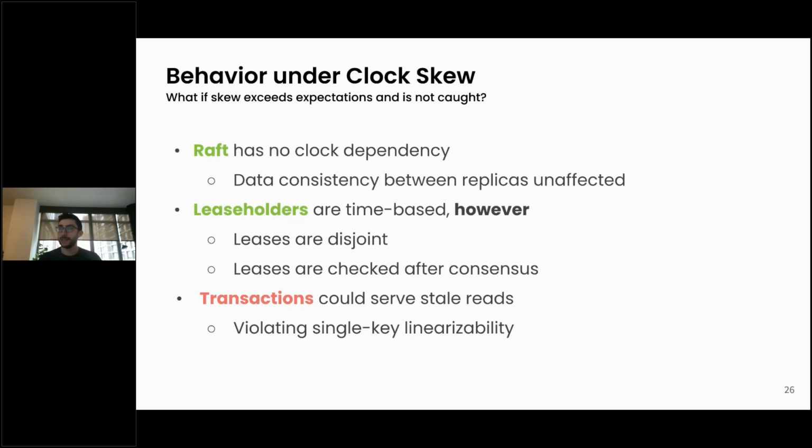Similarly, because leaseholders are time-based, it may appear that leaseholders could allow for conflicting writes to ranges, but this isn't actually the case. Within each range, the leaseholders are all disjoint in terms of the set of timestamps that they can act on.